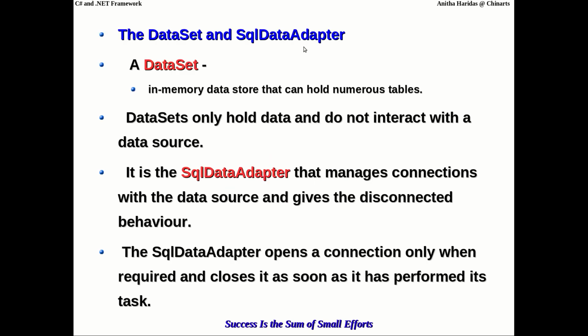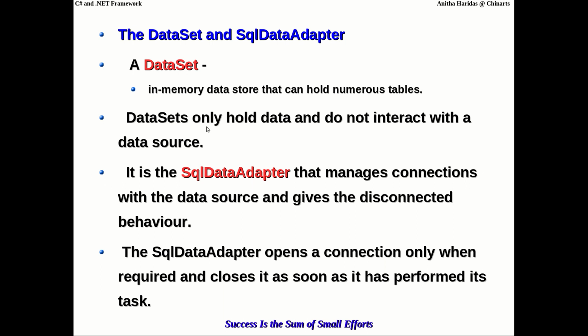So the data set and the SQL data adapter go hand in hand, because the data set will receive the data from the SQL data adapter, and the SQL data adapter is the one which will make the connection to the database. A data set is an in-memory data store which can hold numerous tables.